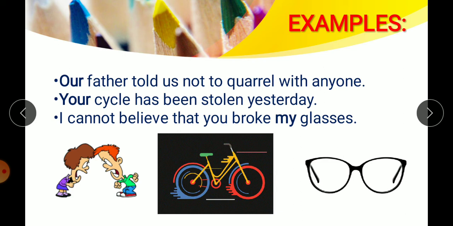My. किसके glasses हैं? My. So the word my is showing possession. So words like our, your, my, they are possessive adjectives क्योंकि ये दिखा रहे हैं कि वो चीज़ किसकी है. Like father. Father किसके हैं? Our. Cycle किसकी है? Your. Glasses किसके हैं? My. So it is showing belongingness.